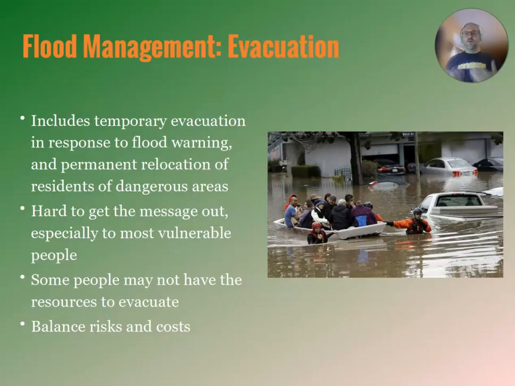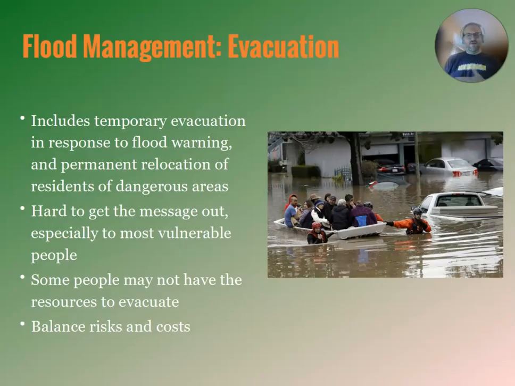But there's also more permanent relocation. So some areas that have been repeatedly hit by floods, and so where the flood hazard is pretty high, there are efforts to move people out of those permanently, to say that, look, this area is just too dangerous for people to live in. The flood risk is too high. We're going to permanently remove everybody from there, which may be a decision that people make individually.